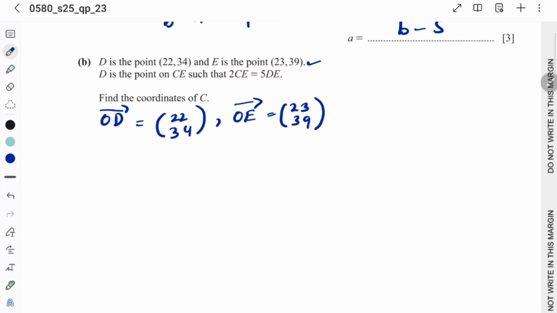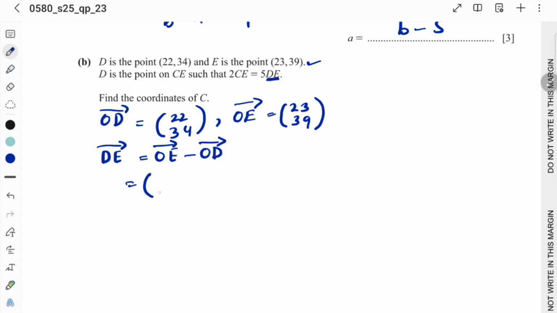So now if we find the value of DE, then we'll use 2CE is equal to 5DE. So whatever the requirement is, we'll have to fulfill. First of all, we are going to find DE, because we can find DE. Right now we cannot find CE. So first we find DE with the help of the position vectors, OE minus OD.